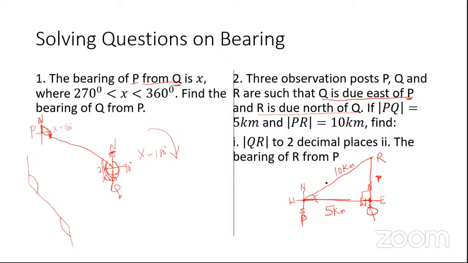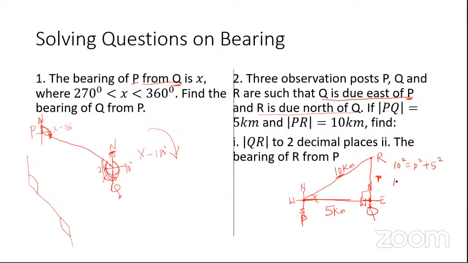It says that the hypotenuse, which is the longest side, that is 10 squared, equals the sum of the squares of the two other sides, P squared plus 5 squared.